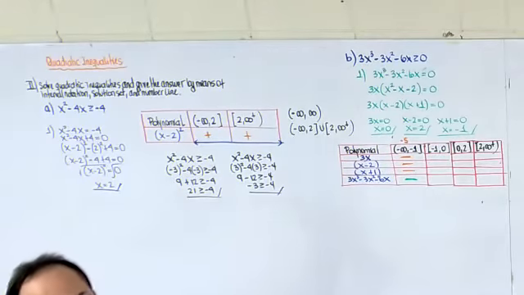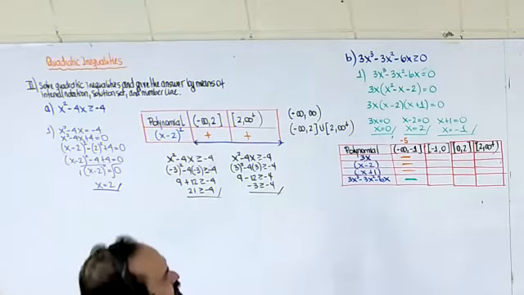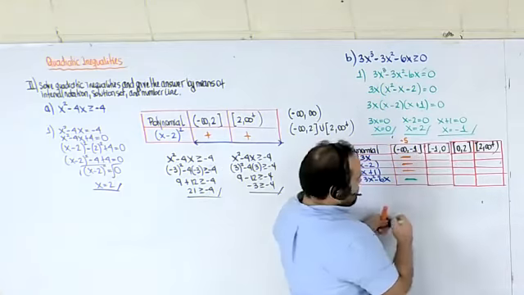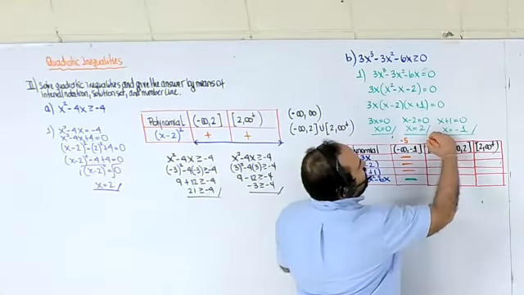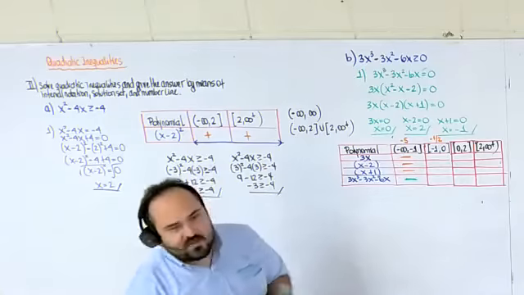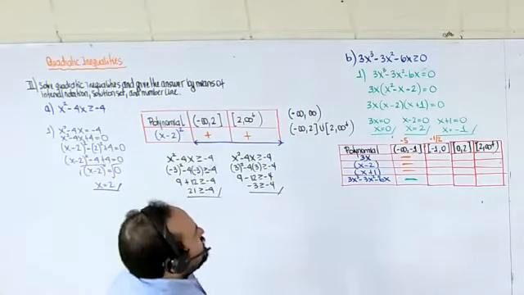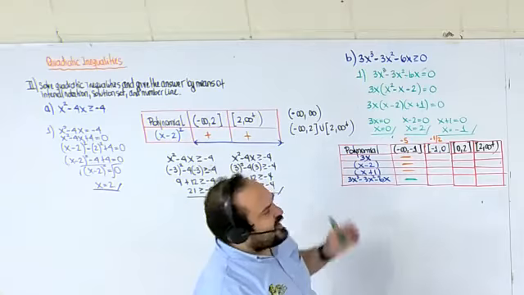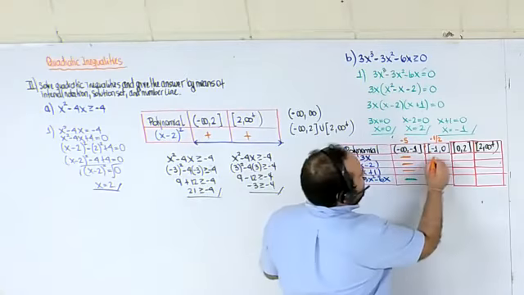How about the second one? -1 until 0. We can use, if you wish, -1/2, because it's an interval between -1 and 0. So 3 times -1/2 is -3/2. Negative.